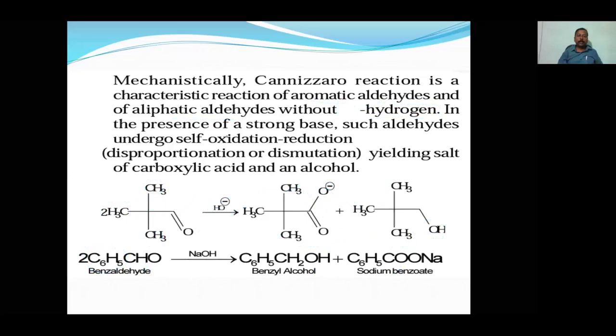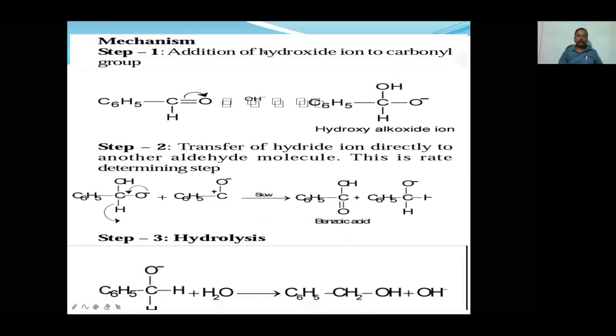Okay, this is the mechanism. Always remember, in the presence of OH minus, this will participate. Previously, OH minus used to go to the alpha hydrogen, but here there is no alpha hydrogen.